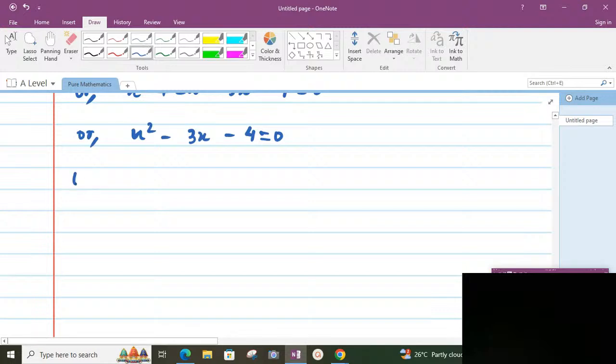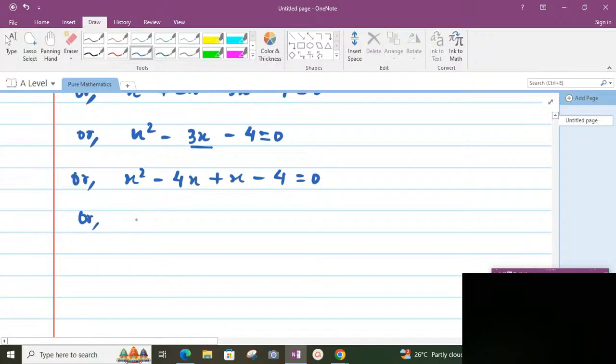The next step here will be x square minus 4x plus x minus 4 equal to 0. Minus 4x plus x equal to minus 3x.